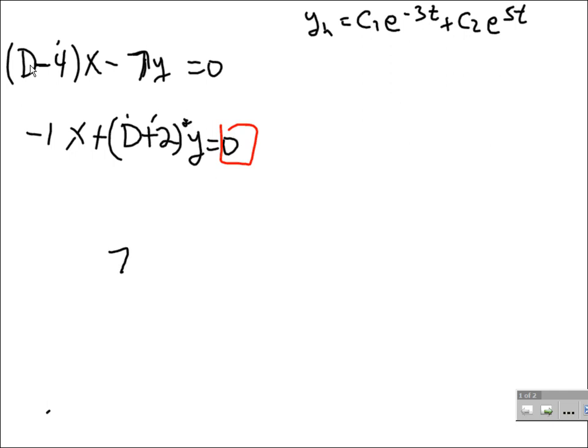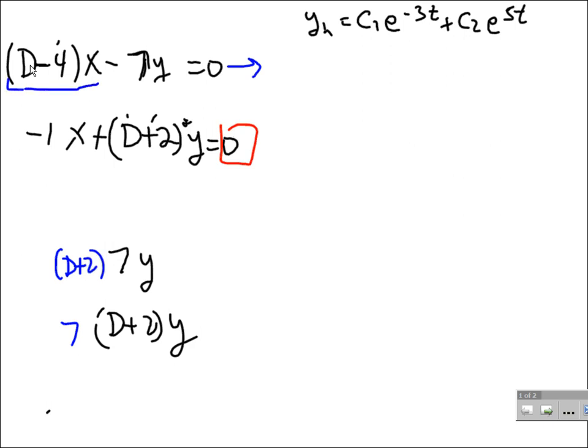So we have 7y and d plus 2y. The common multiple will be 7 times d plus 2y. That is, I multiply this top one by d plus 2 and the bottom one by 7, and everything will be fine. I have to do that to the whole equation.